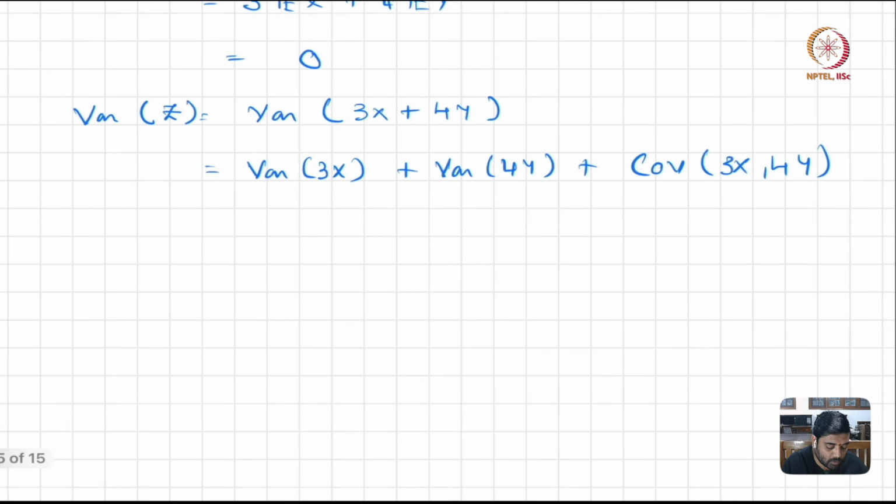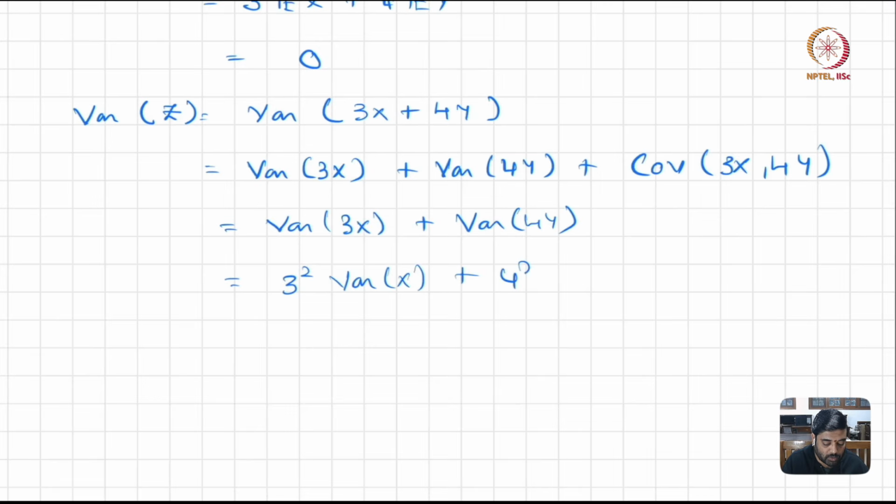So this is variance of 3x plus variance of 4y, which is 3 square times variance of x plus 4 square times variance of y. The variances of x and y are 1. Therefore, it is 3 square plus 4 square, which is 25.